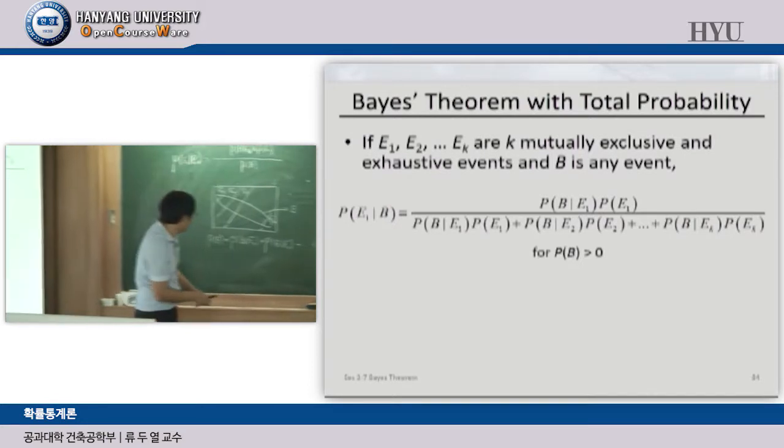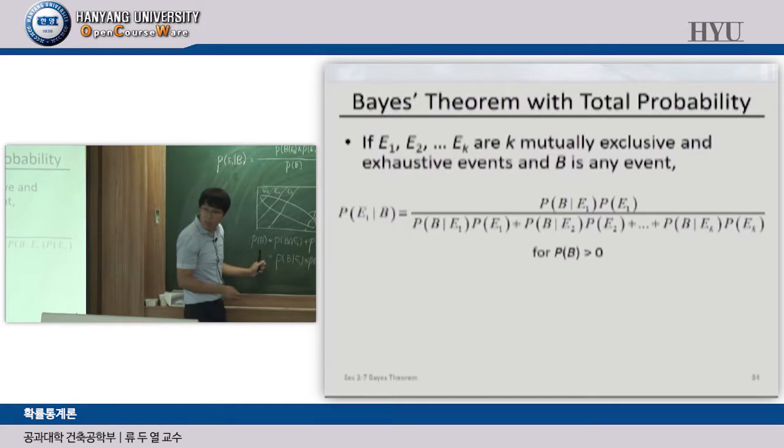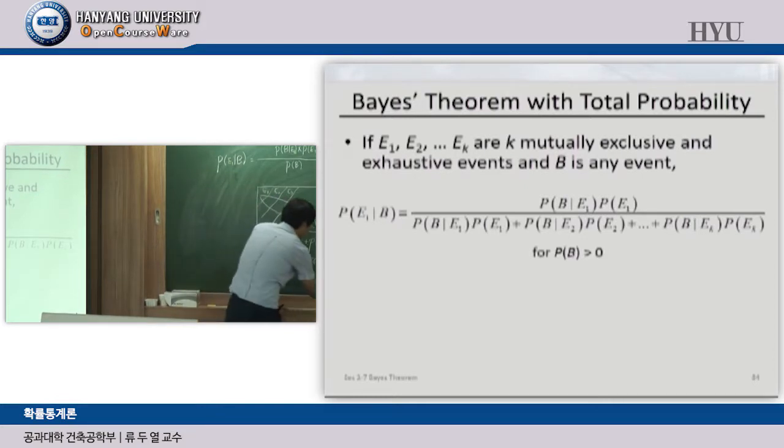And as I already explained, this can be changed to the conditional probability of B given E1 multiplied by the probability of E1, based on the conditional rule. This also can be changed to the conditional probability of B given E2 multiplied by the probability of E2, and this is the conditional probability of B given EK multiplied by the probability of EK.